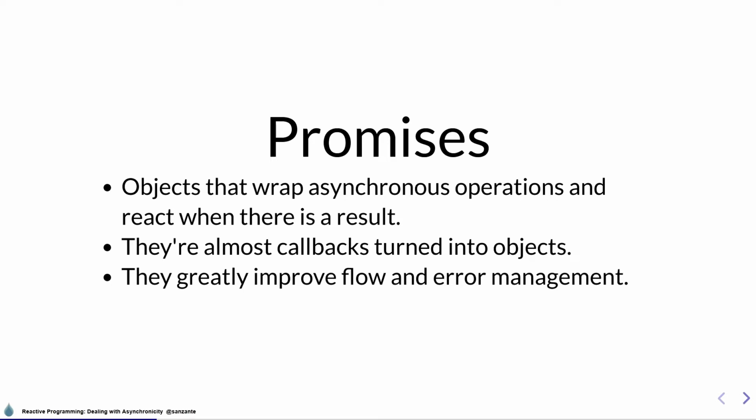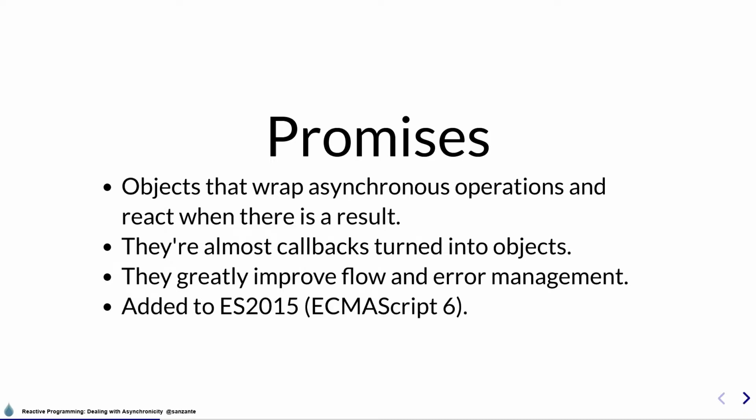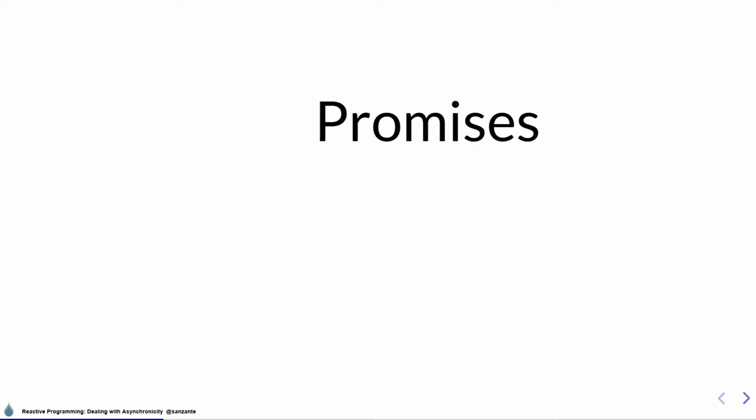They allow you to define reactions on success and reactions on error, and they also allow you to chain actions for the response. Promises are a big improvement, but they have certain limitations. I forgot to add that they were added in ES2015, so they are part of the JavaScript language.